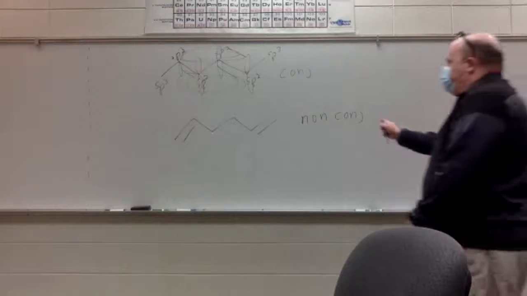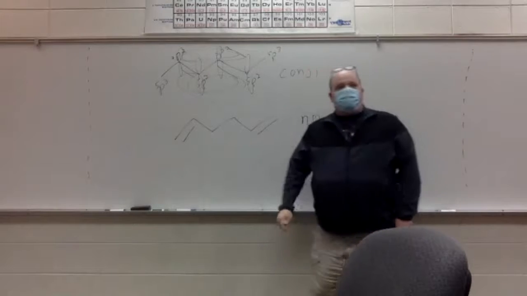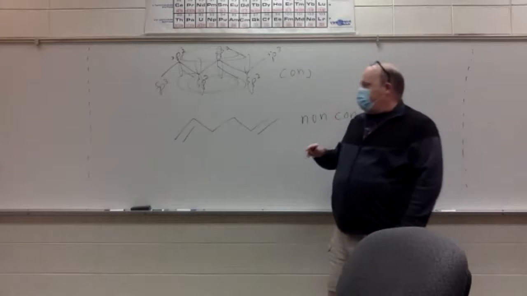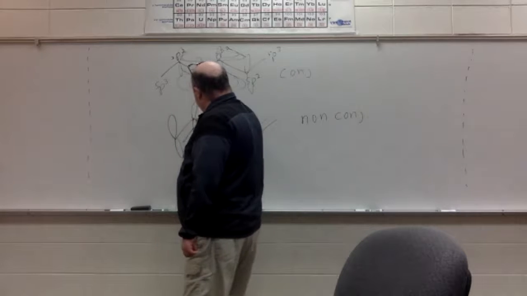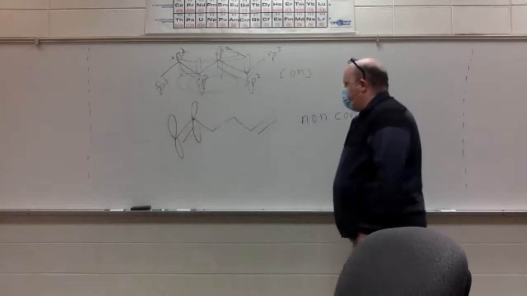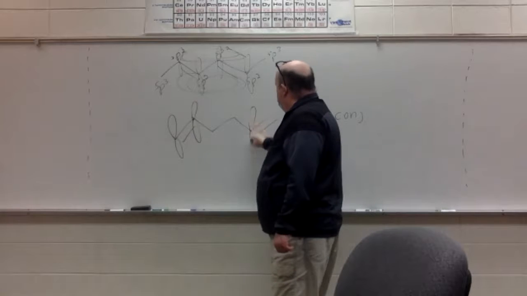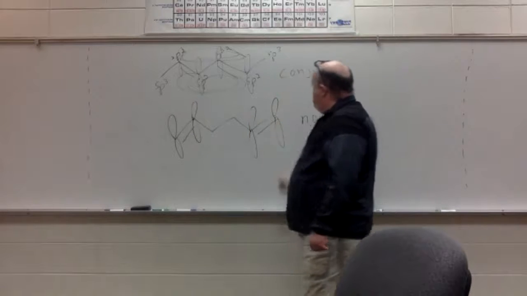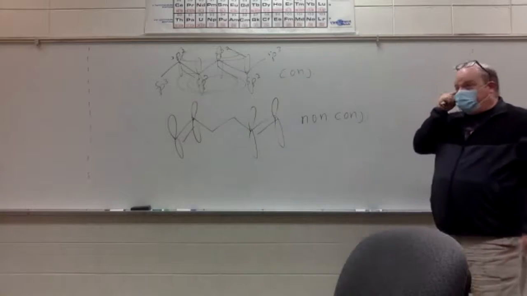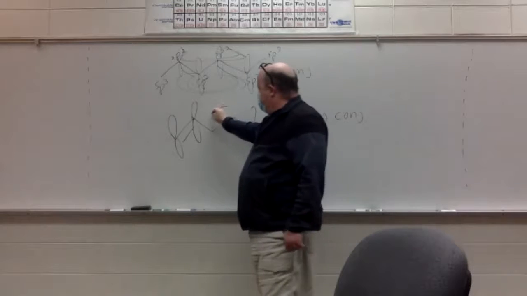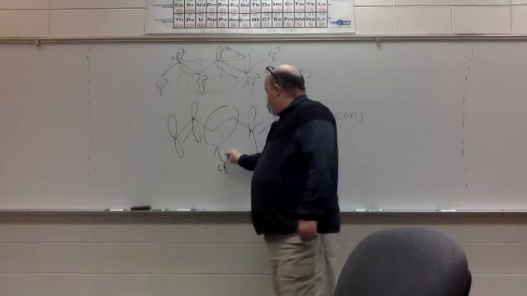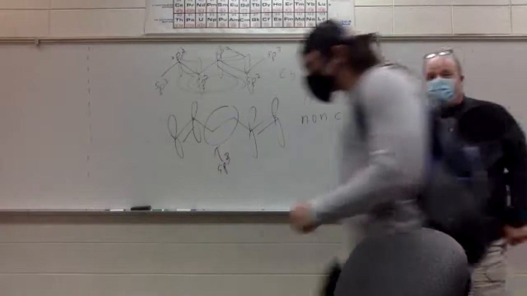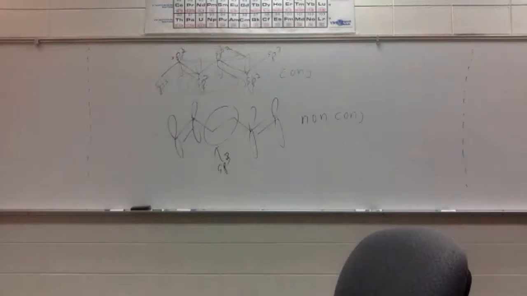At no point in here do you have 3 consecutive overlapping p orbitals. This one's sp2. This one's sp2. So you have extra p orbitals there and there. Same thing for these guys, but you have these sp3 hybridized carbons in the middle, so at no point do you ever actually have 3 in a row.